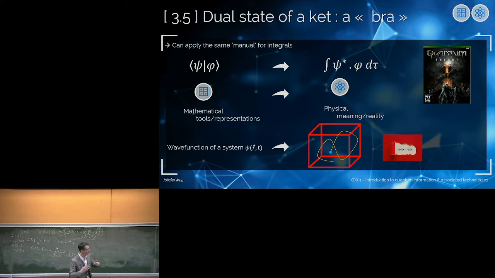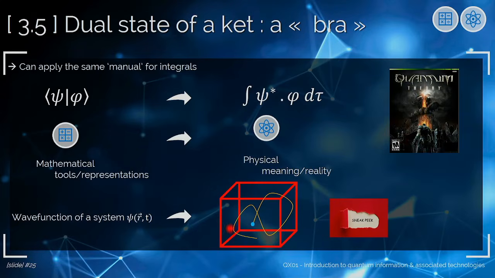So again, at the end of the day, and that's the nice thing about it, colleagues from computer science don't actually care about this. They just use the mathematical representation, and it's fine. They don't have to know what's behind it, but there is this behind it. Okay.